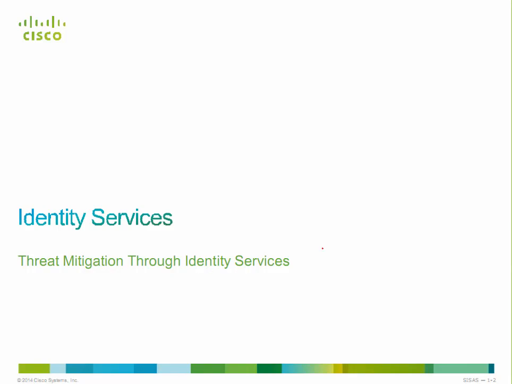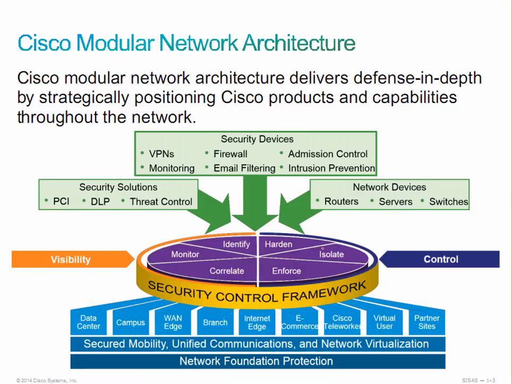Now, Cisco does have kind of a modular network architecture framework to provide what we call defense in depth. The idea here is that we're positioning different Cisco products that have a bunch of different functions or capabilities in the network, but they work together in a collaborative effort, exchanging information between them to provide all kinds of security components, right?